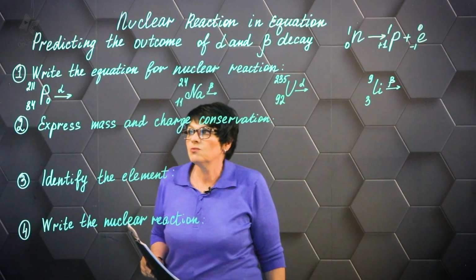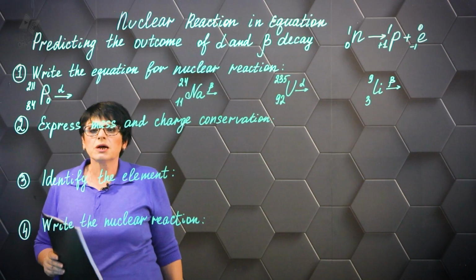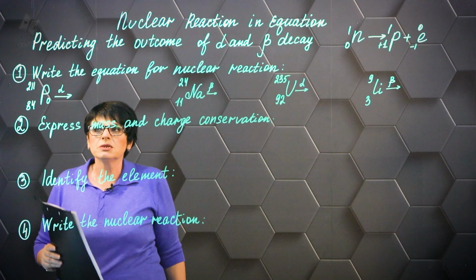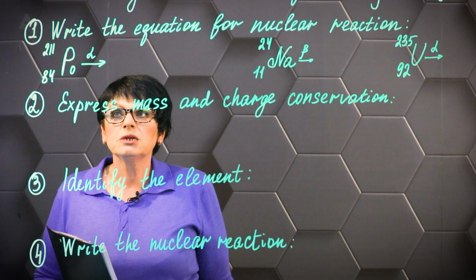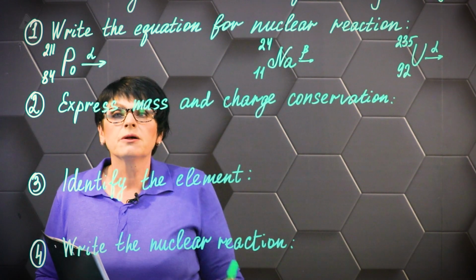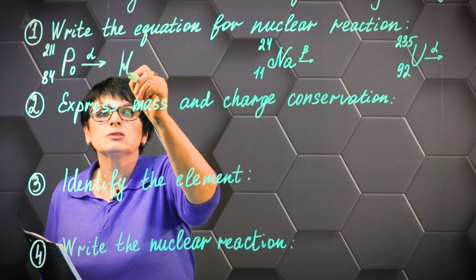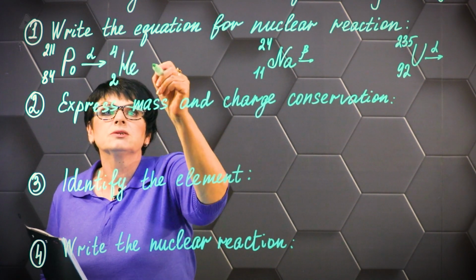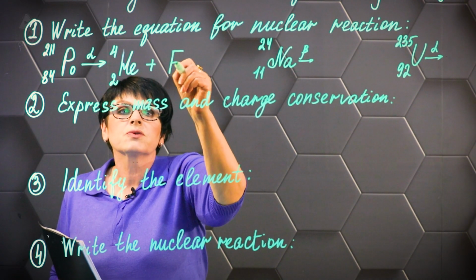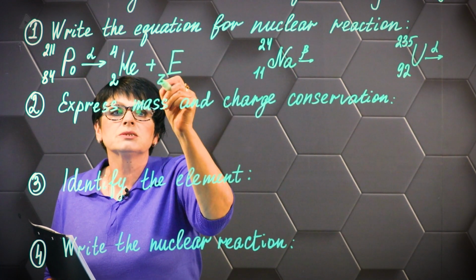So let's have the first element that we're going to look at for alpha decay, the element polonium, with its number and mass. So it turns out that there is alpha decay, and therefore we've got helium splitting off, and the element that we're going to get will have a sequence number and an atomic mass.